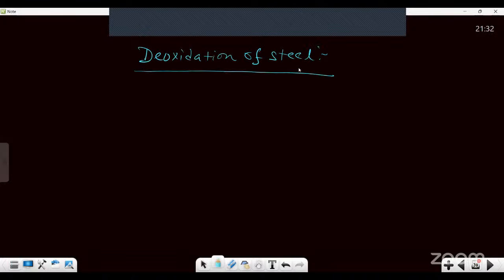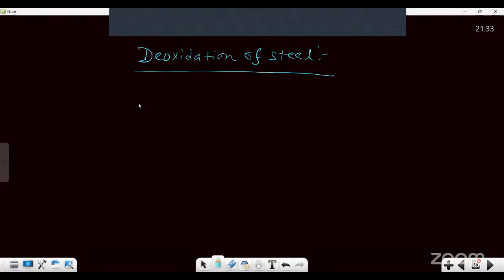Deoxidation of steel. We talk about it. So let us see what is deoxidation of steel. When molten steel is tapped from the converter or EAF, it contains dissolved oxygen, which can cause blowholes, porosity or oxide inclusions.